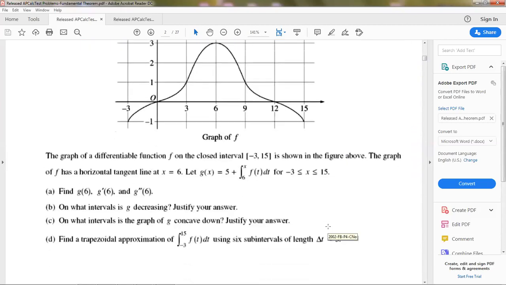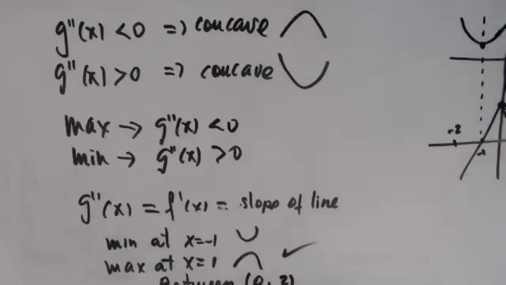Again, you have a graph, there is a function that is the integral of that graph, and then you have to find g of 6, g prime of 6, g double prime, what interval is decreasing, where it is concave down, and then we have to do a trapezoidal approximation. That's possibly the only extra, but the other three are solved the way we solved this one. If you want to practice with those three problems, that's fine.